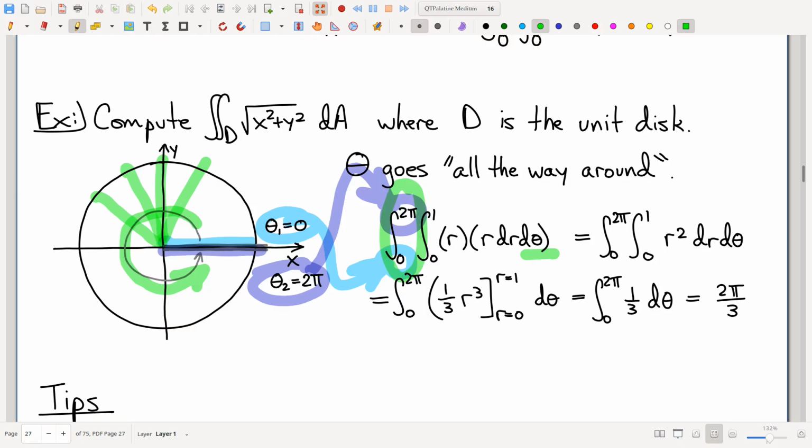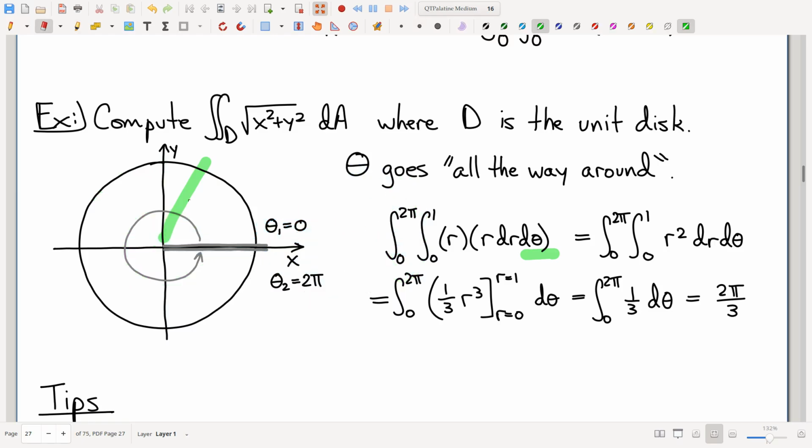Correct. We're not taking any negative r's here. It's tempting to say, well, what about points here? Well, I'm going to get this point when theta is that way. And if theta is like this, then I get to those points with positive r's. Let me mark this up. A point here comes from theta being like that, and then r is going to be positive, whatever that distance is. You are right.